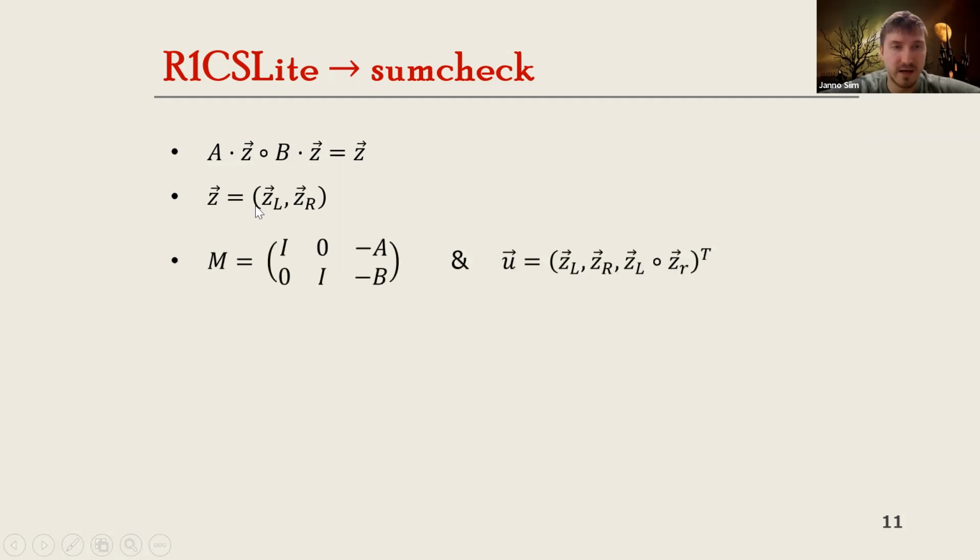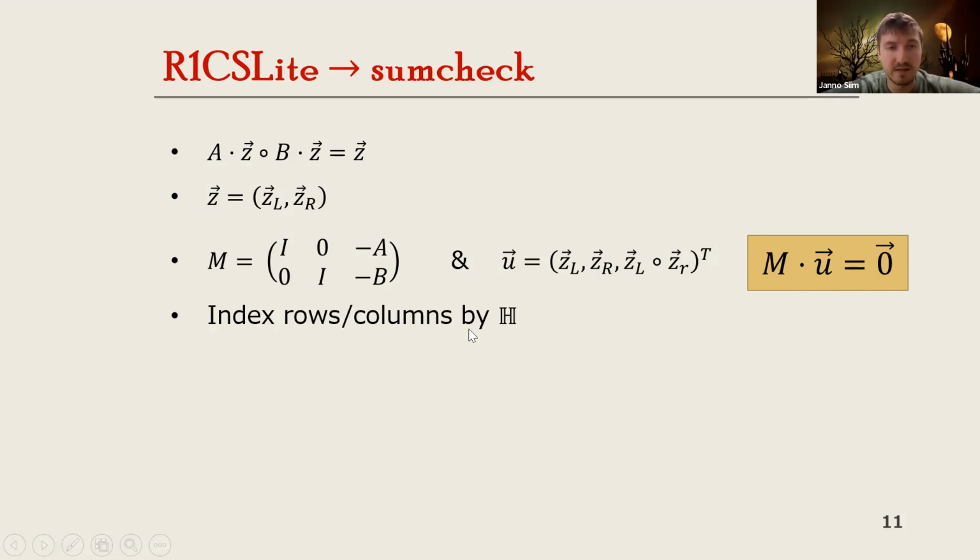So we split this Z into two halves, ZL and ZR. And then if you write M in this nice way and U in this nice way, then you can represent this whole R1CS Lite relation simply as a matrix multiplication where you have some matrix M times a vector u equal to 0.